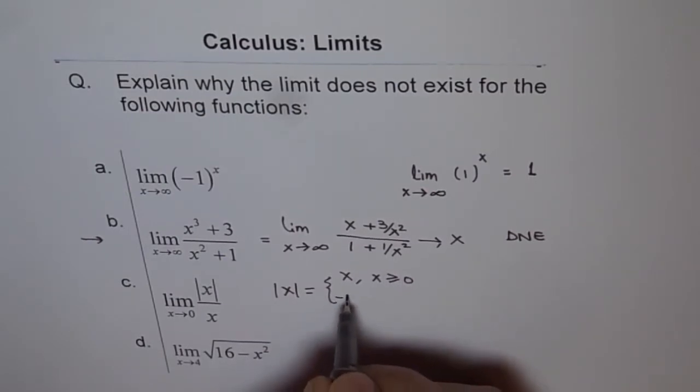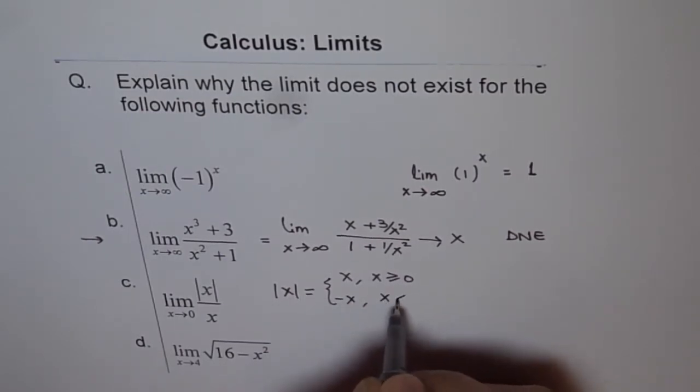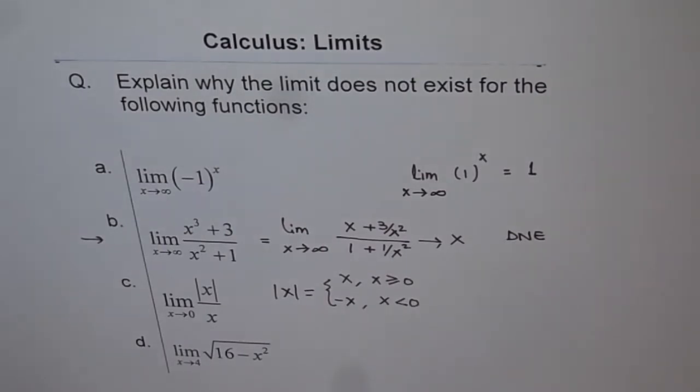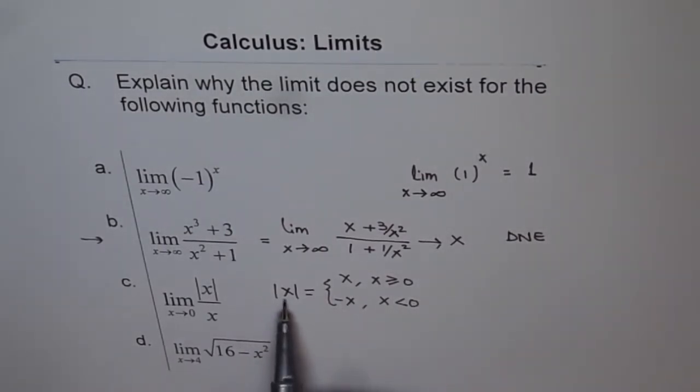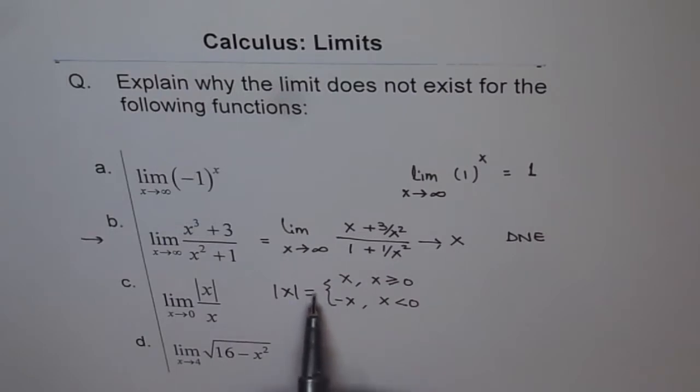And it's a negative of x if x is less than 0. What I'm trying to say is, if you put minus 3 here, then the answer is plus 3, negative of minus 3. But if you put plus 5 here, then absolute x is plus 5, same as the x value.